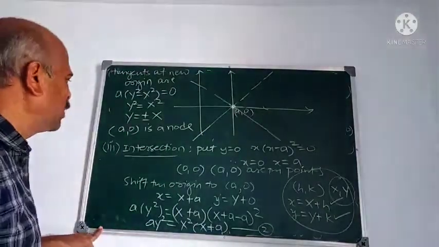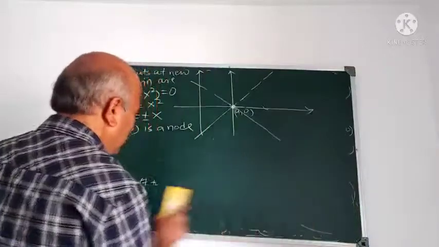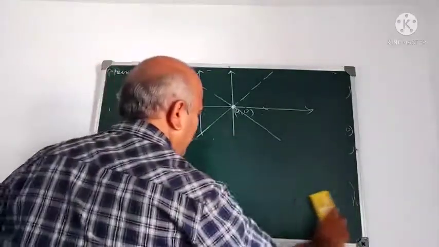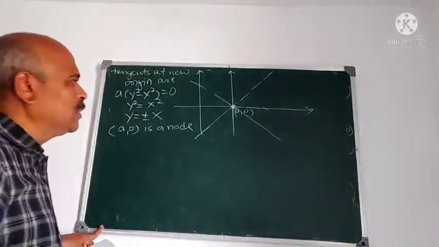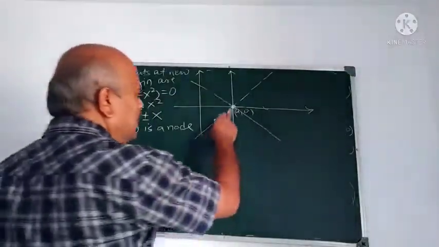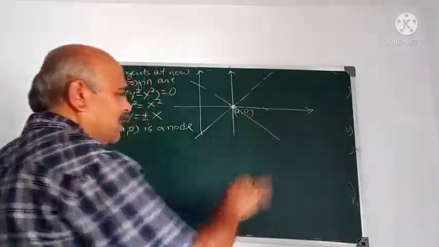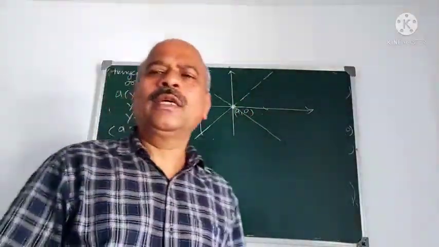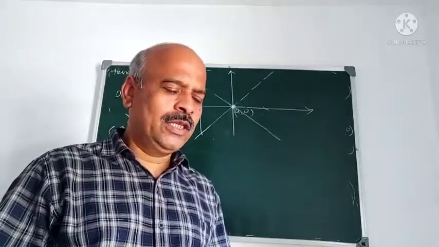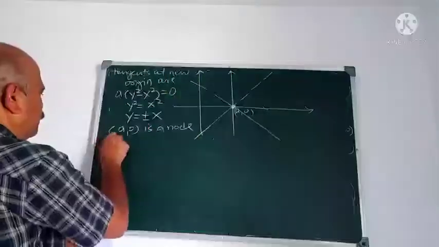This is also an important thing here. We have shifted the origin to the new point (a, 0), and at that point the equation of the curve becomes the one in capital X, Y, and the tangents at the new origin are Y equal to X and Y equal to minus X. Since they are real and distinct, the new origin is a node. Now asymptotes.